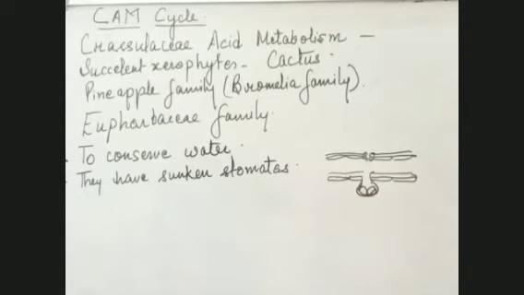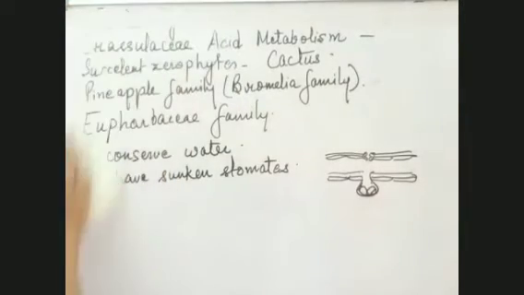So they have sunken stomatas to conserve water. Now, how does this cycle take place? I am going to show you.